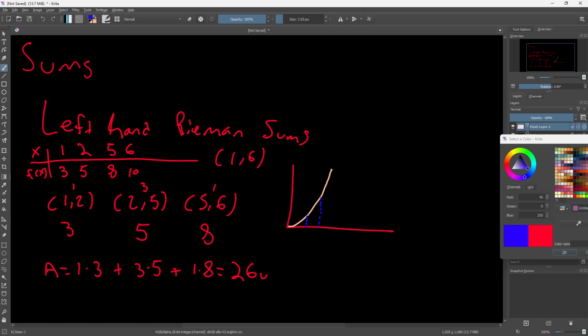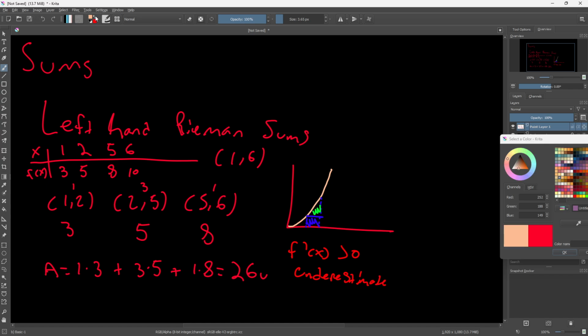Well, if you're taking the left, this would be the height. And so that would be the area of that rectangle, and we'd be missing this area. So for this, if f prime of x is greater than 0, then the left-hand area would be an underestimate of the actual area.